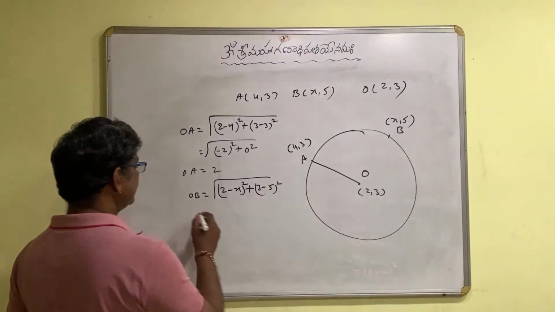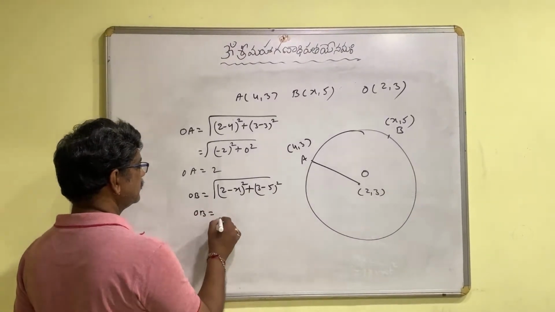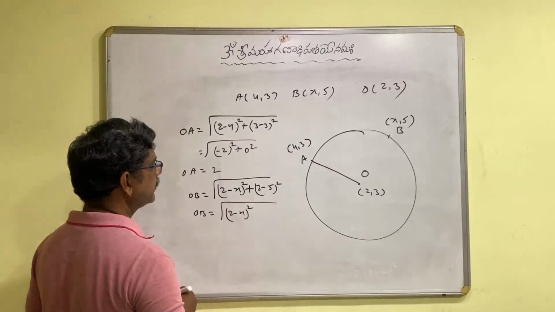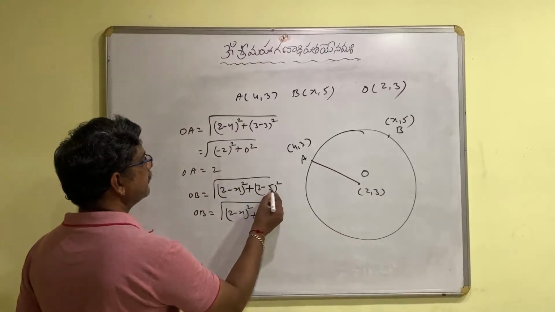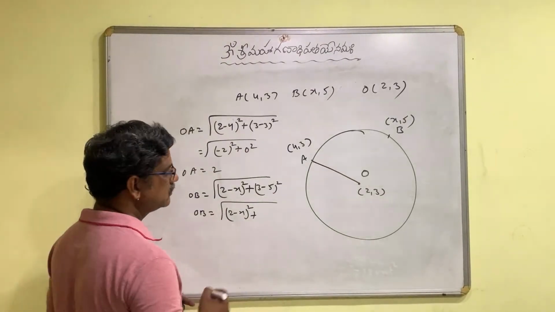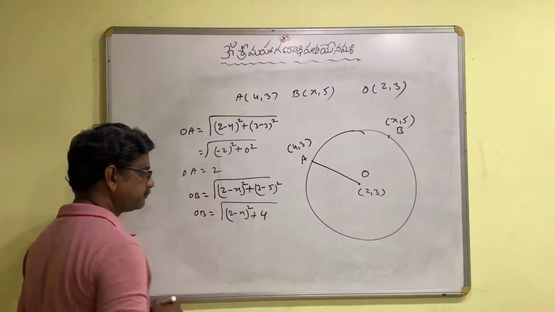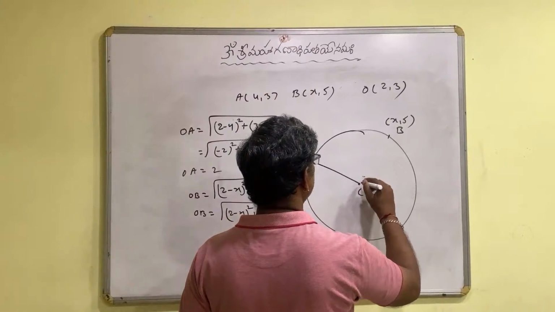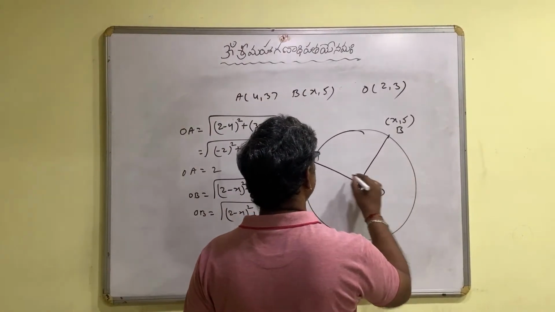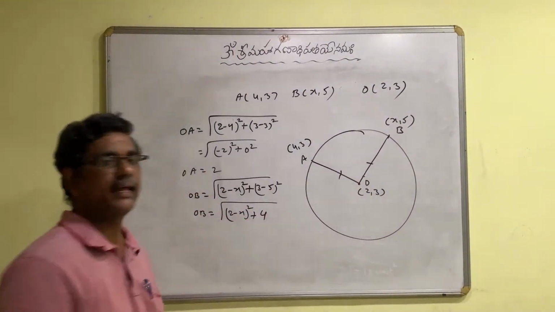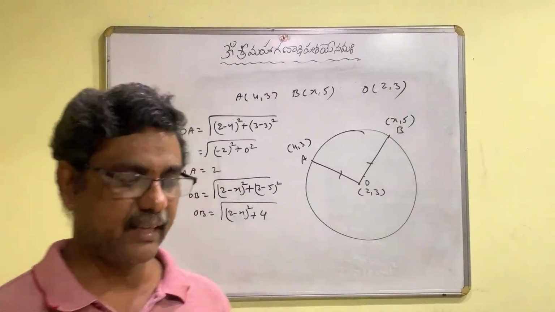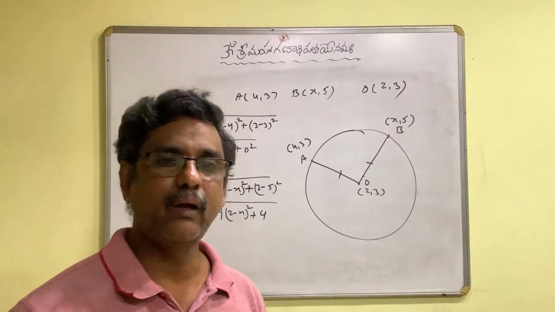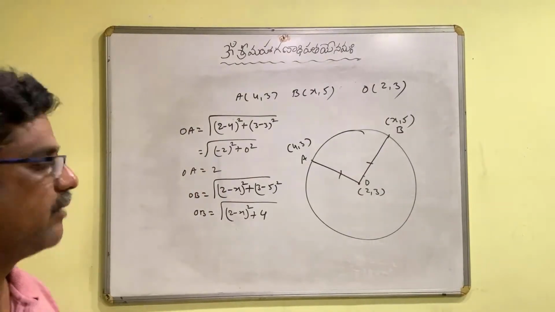Now if you simplify this, (2 minus x) whole square plus (3 minus 5) is minus 2, minus 2 square is 4. We know that OA and OB are equal because they are the radii of the circle.